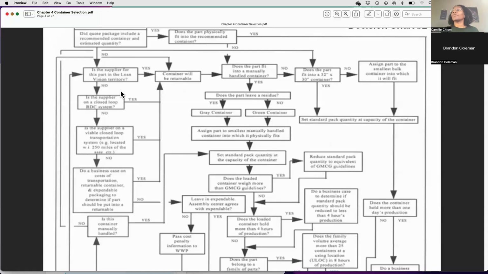Okay, so for this one, it says, is the supplier for this part in the lean vision territory? Don't really know what that means. They probably have some edict or some plan where they're trying to get their suppliers to institute lean manufacturing. That's what I'm thinking. But this would affect what they do.